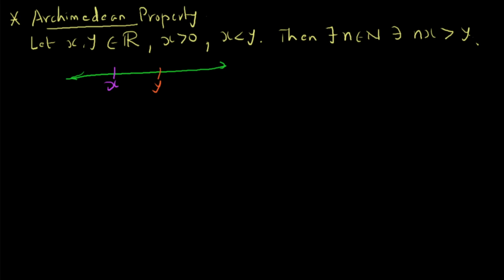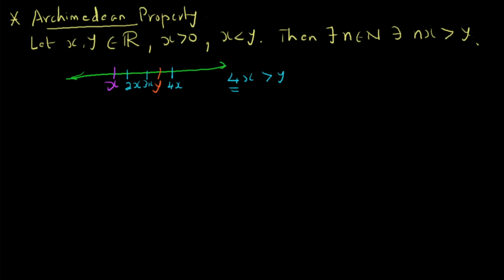It will be larger than y. Means x plus x, you will get 2x. x plus x plus x, you will get 3x. And you may get x plus x plus x plus x, that is 4x, somewhere here. So in this case, we have 4x is greater than y. So this 4 is the value of n. This is the simple logic behind the Archimedean property.